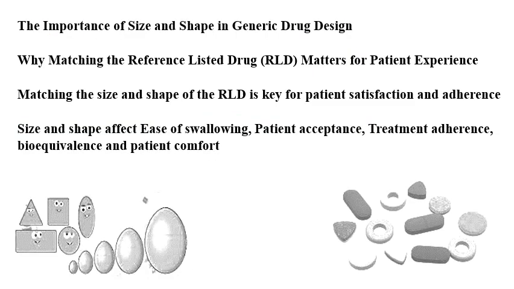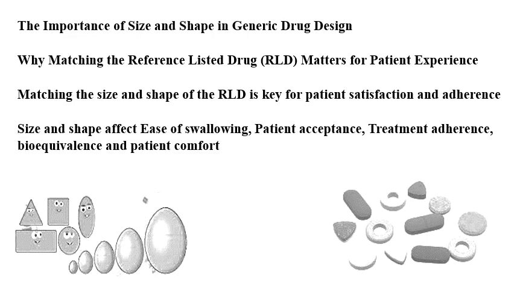What is the importance of size and shape in generic drug design and generic drug formulation development? Why is matching of the generic formulation to the reference listed drug important? It matters for the patient experience. So why is matching the size and shape of the generic formulation to the reference listed drug important?